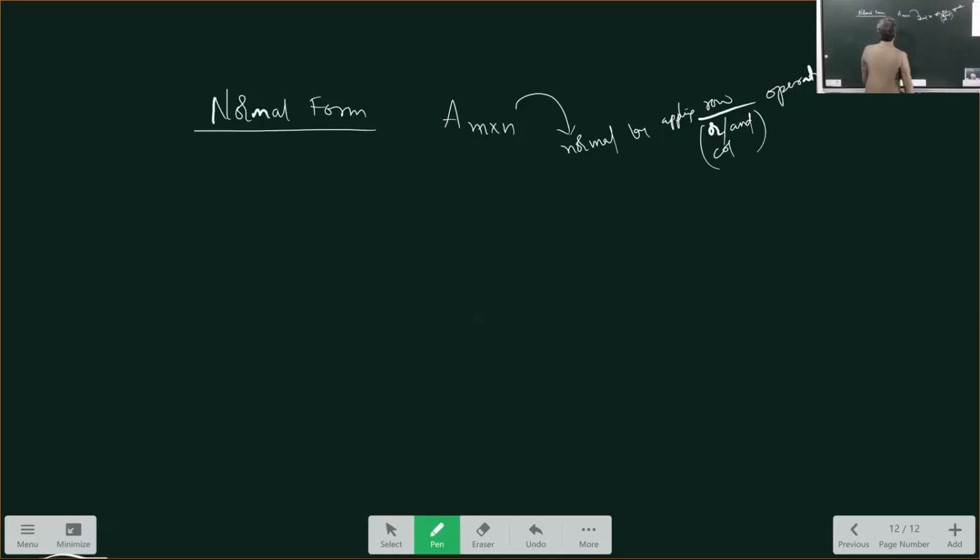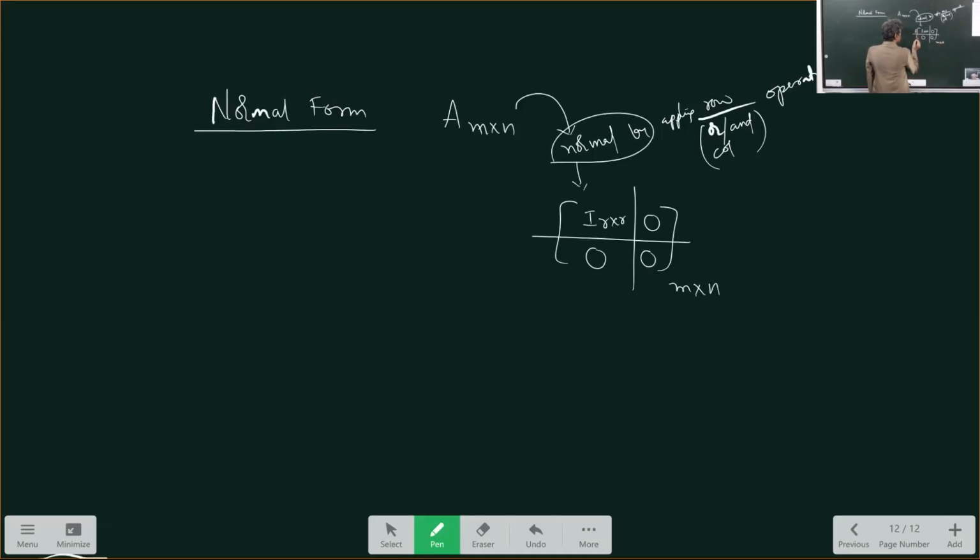So that depends. For example, what is the normal form? The normal form has a special structure of I_r, 0, 0, 0. The I_r is an r cross r identity matrix. If my matrix is an m cross n matrix, then r rows are already gone, so how many rows will be left? There will be m minus r rows, cross r columns.